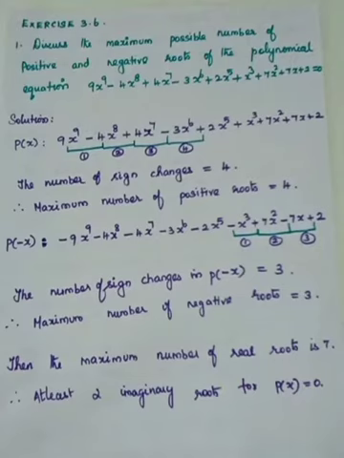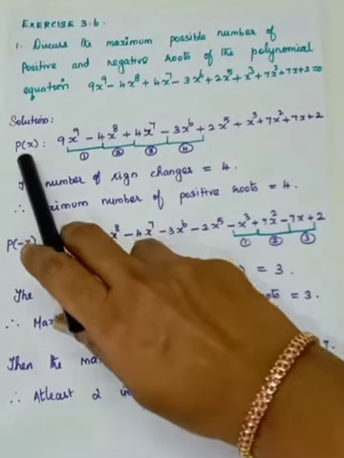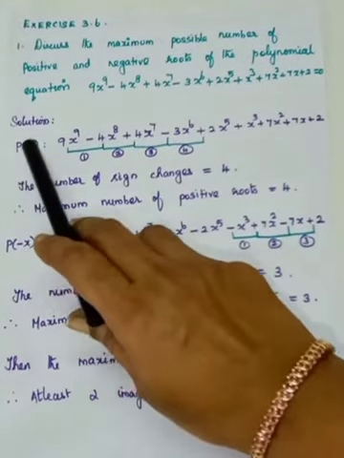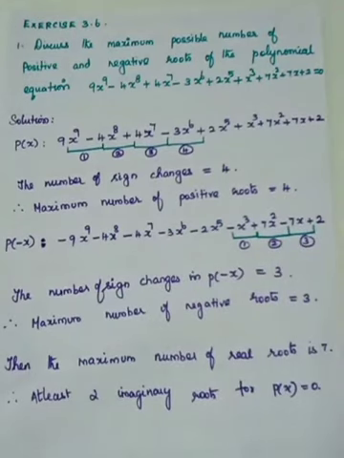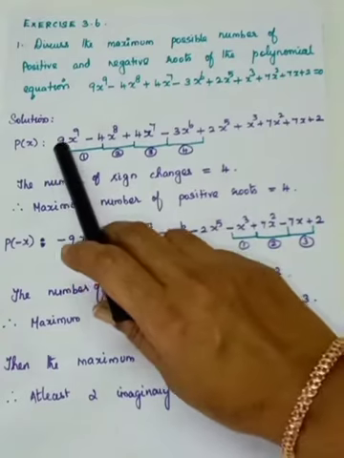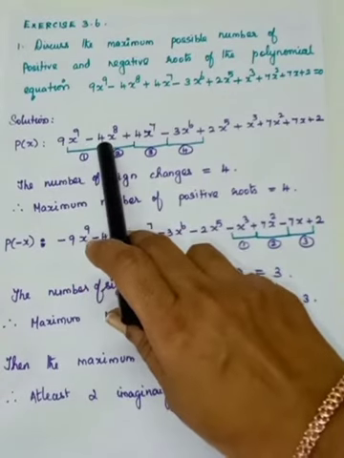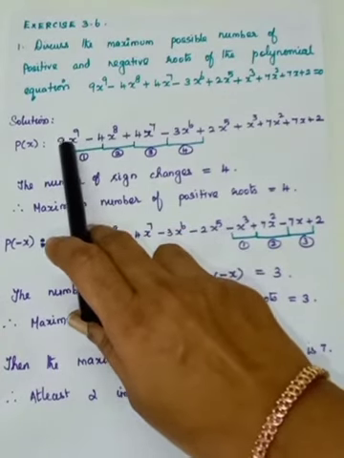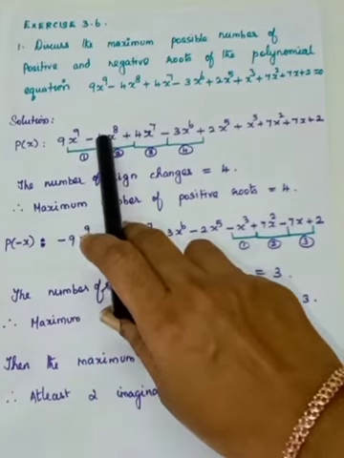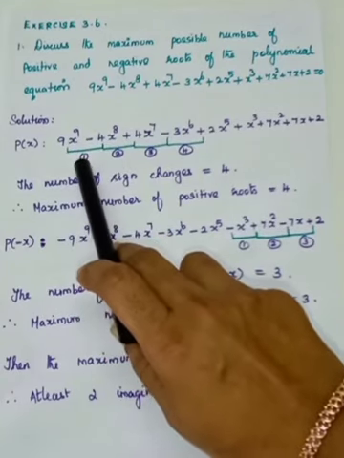So for that, the procedure, you take the polynomial, consider as p of x, and you have to count the sign changes, number of sign changes. You see that this term is positive, the next term is negative. So it changes the sign from positive to negative. So it is one change.